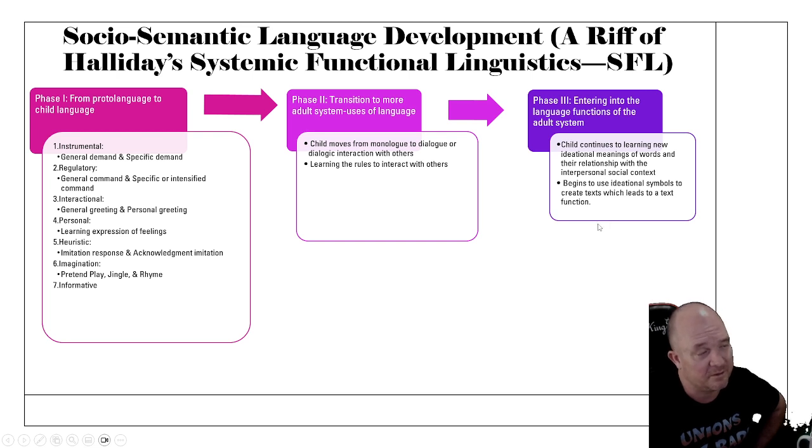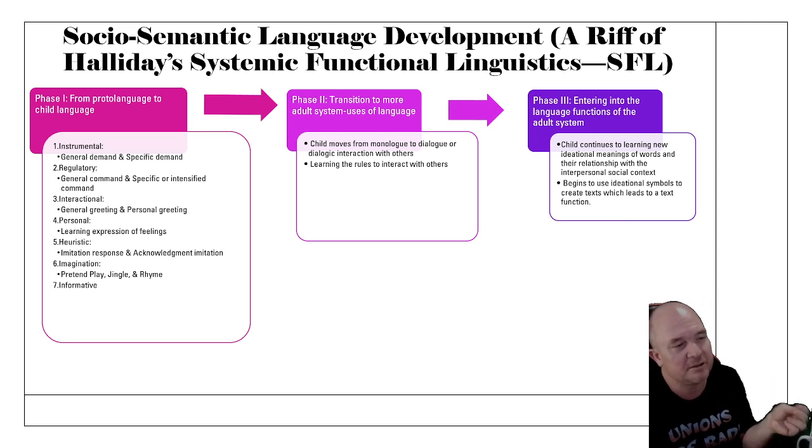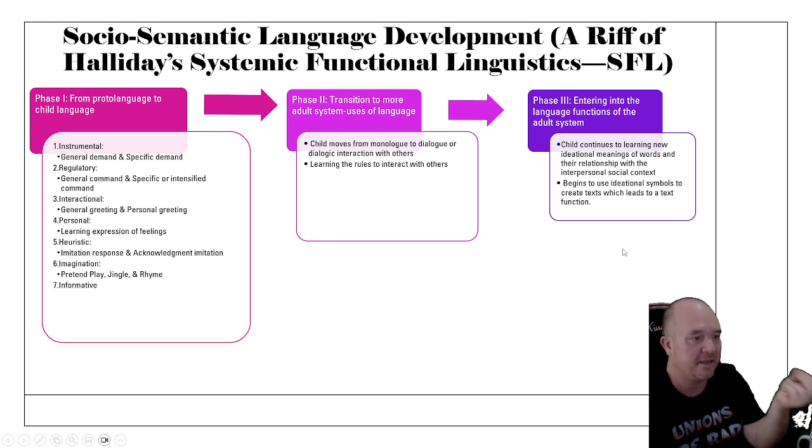And so this moves into phase 3, which is where children will start learning new ideational meanings, how to create those meanings, either speaking or writing of words, and their relationships with the interpersonal social context. And then they'll start using the ideational symbols, or it could be pictures, or it could be part of the writing system, which leads to text functions.